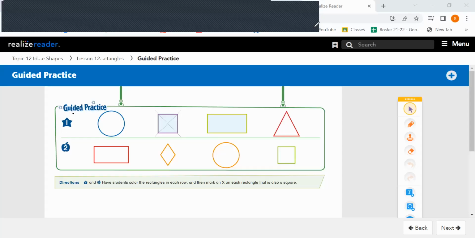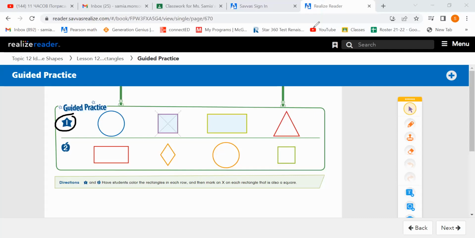Let's look at number 1 of our guided practice. I want you to color the rectangles in each row. So here's a rectangle. We're going to color it in. And here's a rectangle. It's a special rectangle, which is a square. It's a special rectangle because all four sides are equal in length.